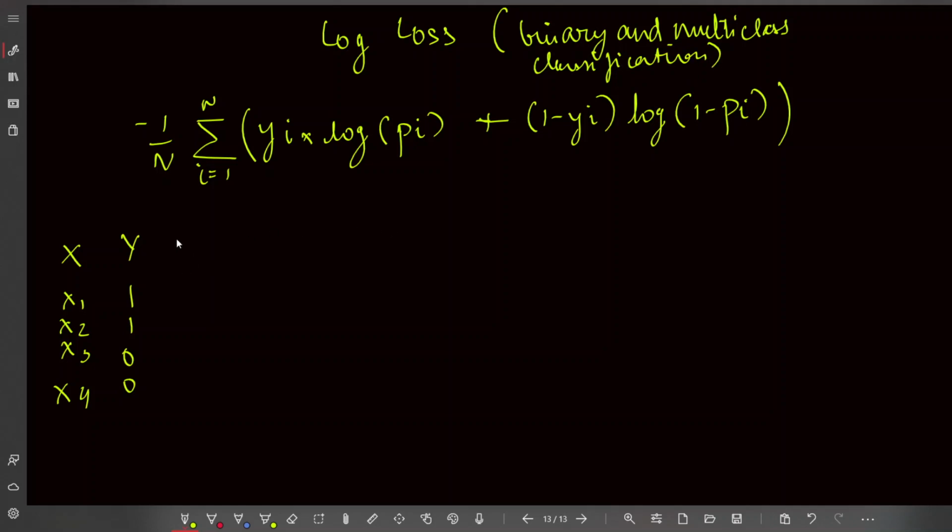And let's say that instead of giving me an output for a class, my model gives me a probability value as an output. Let's say it's 0.9, 0.9, 0.1, and 0.4. So how am I deciding the class for my data points? If my probability value is greater than 0.5, I give that data point the class 1. If my probability value is less than 0.5, I give my data point the class 0.